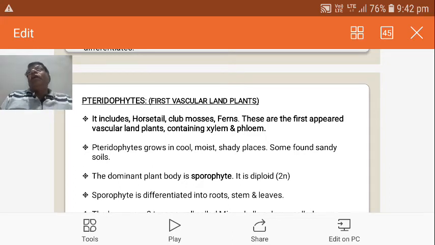The sporophyte looks like a horsetail. That's why it is commonly known as horsetail. Equisetum is a good example for horsetail.